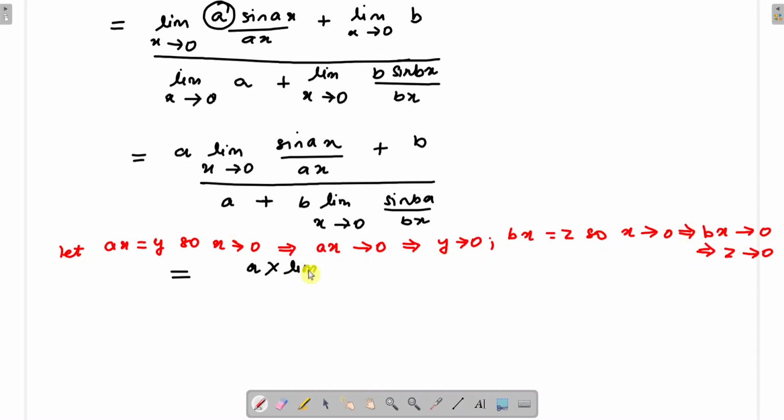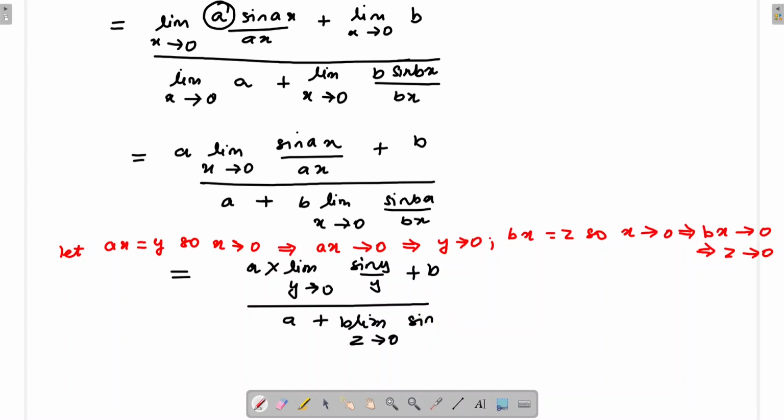So what I will get here is the limit as y tends to 0 of sine y divided by y, plus b, divided by a plus b times the limit as z tends to 0 of sine z divided by z. So a times this limit, which is 1, plus b divided by a plus b times the limit as z tends to 0 of sine z divided by z, that is also 1, so b times 1.